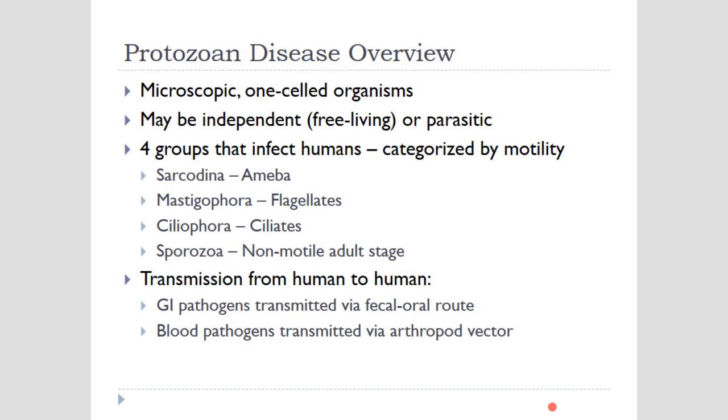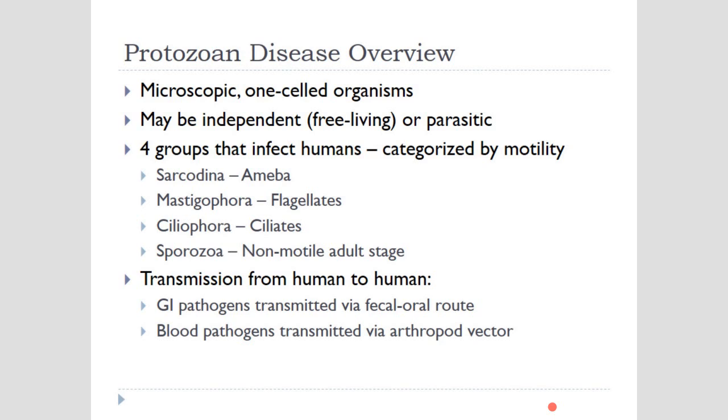These are the important ones: Sarcodina, which includes amoeba; Mastigophora, flagellates; Ciliophora, ciliates; and Sporozoa, which has a non-motile adult stage. So these are the four important categories of protozoa which are going to infect us and cause disease.